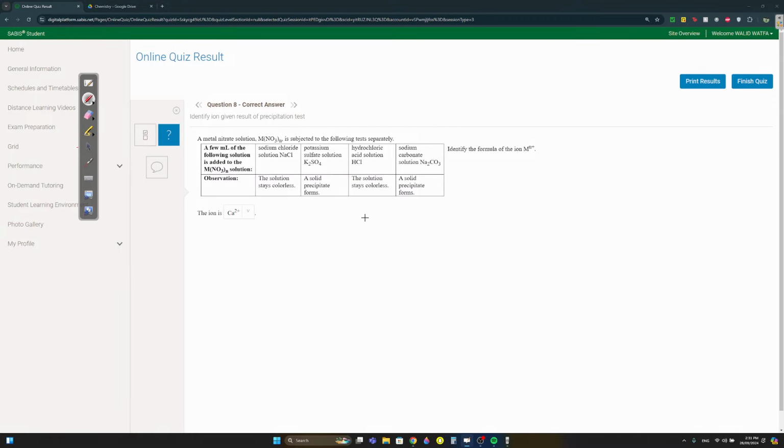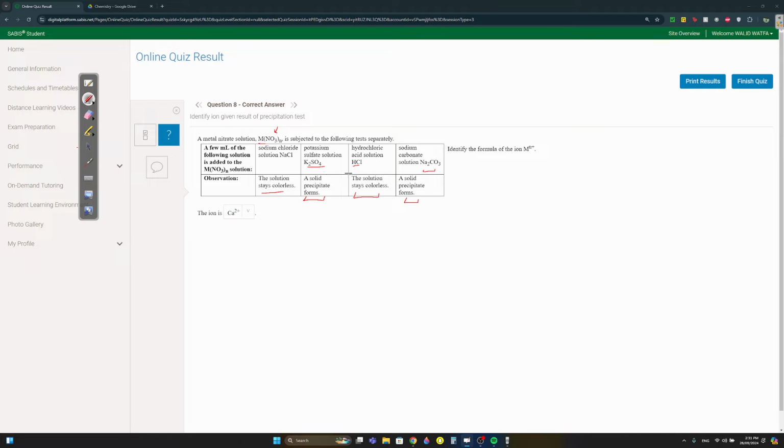Question 8. So we have a metal, NO3. A few milliliters of the following solution is added. They added sodium chloride, nothing happened. They added K2SO4 and you got a solid precipitate. They added HCl, the solution stayed colorless. Then they added Na2CO3 and you got a solid precipitate.